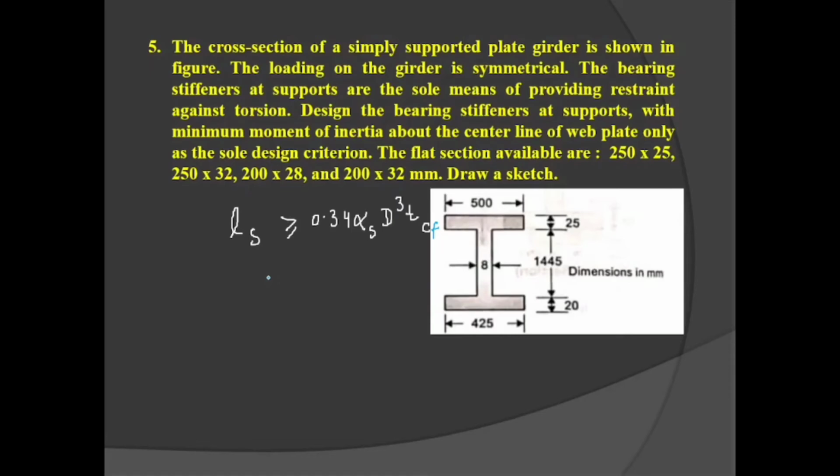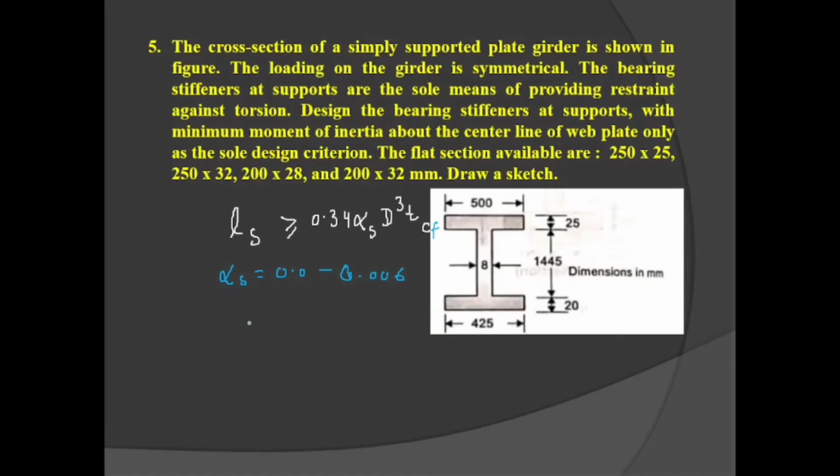Alpha S generally lies between 0.0 and 0.006, and that depends upon KL by RY, effective length by RY.